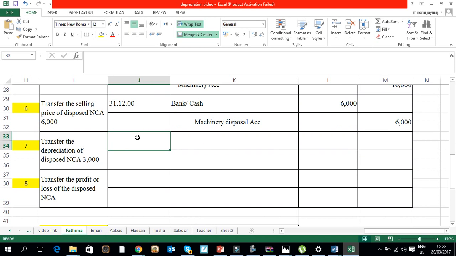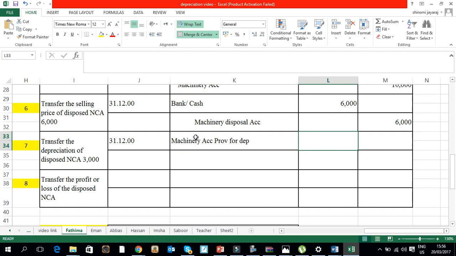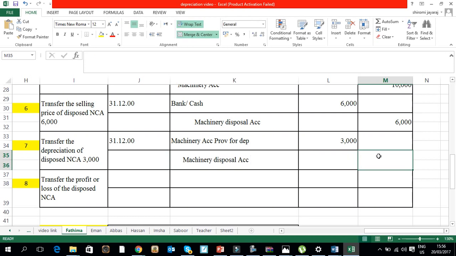Next is to transfer the depreciation. It also falls at the end of the year. Earlier we debited the machinery accumulated provision for depreciation worth 3,000, and we will credit the machinery disposal account by 3,000.